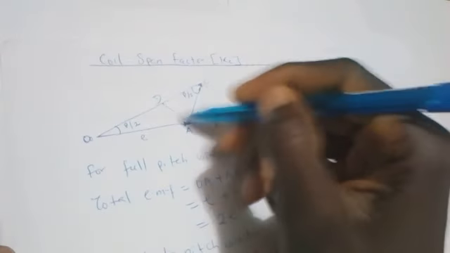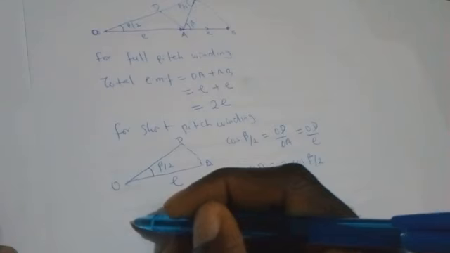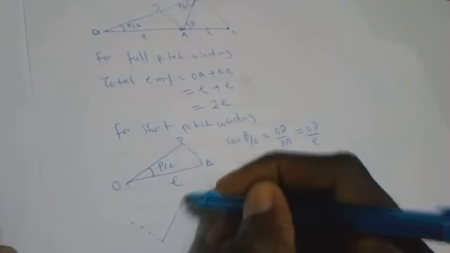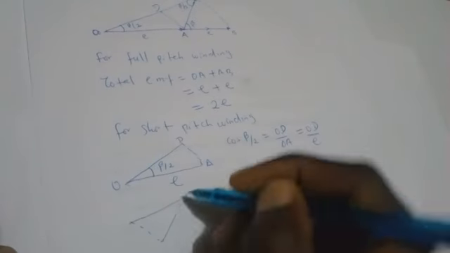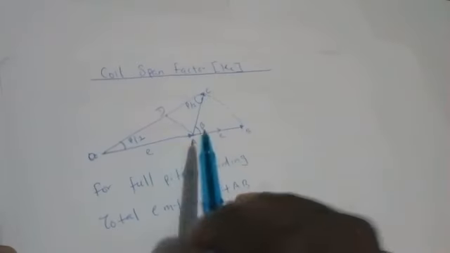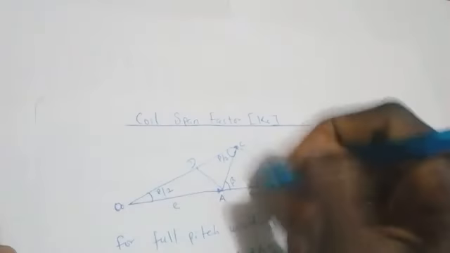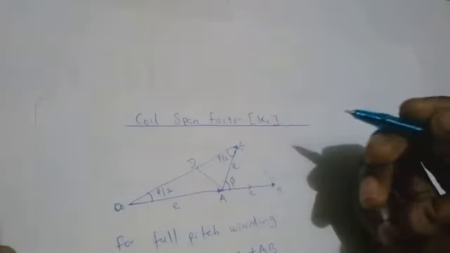Very good. Now if I consider this side, let me draw it out. That is ADC. So I have something of this nature. This is my beta over 2. Now, I'm also going to have a similar voltage here. It's only short pitch winding. The voltage here is similar to the voltage here.